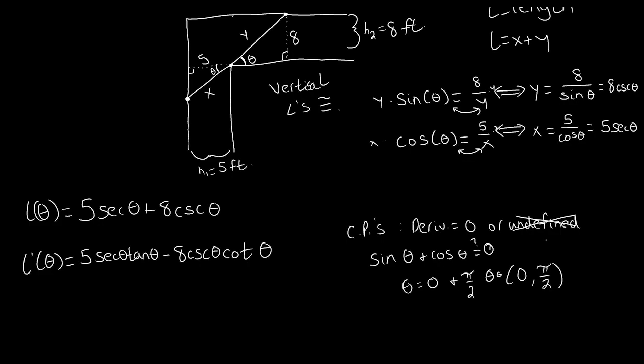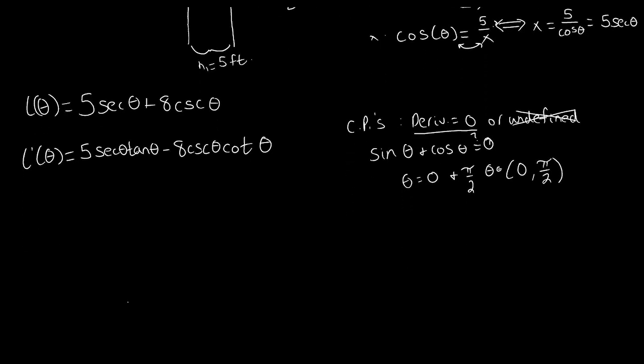Since sine theta and cosine theta are 0 at 0 and pi over 2, and those are excluded from our interval, all we're concerned with is where the derivative equals 0. So we're going to set this derivative equal to 0 and solve for theta to find our optimized value, so that we can figure out the lengths of the x chunk and the y chunk of the curtain rod, add them together, and find the length of our curtain rod.